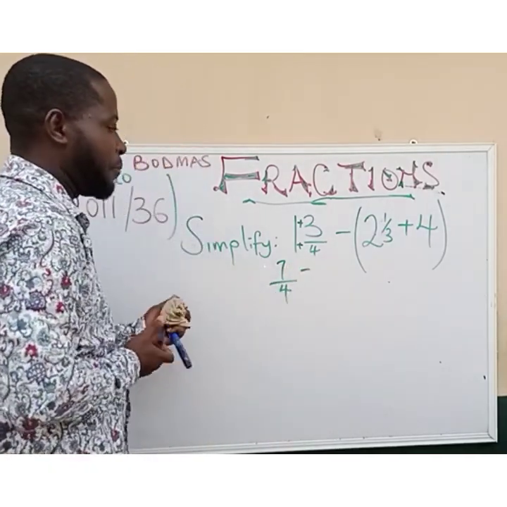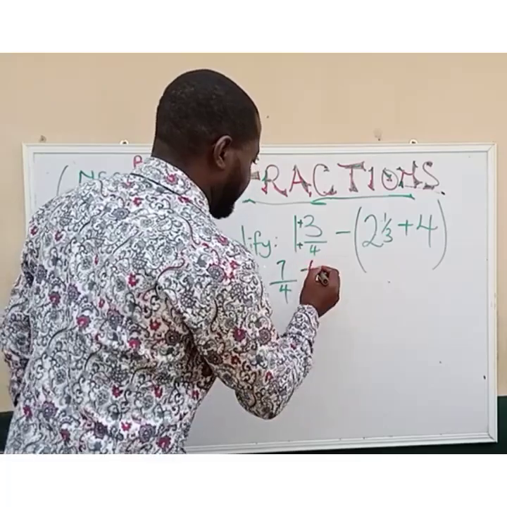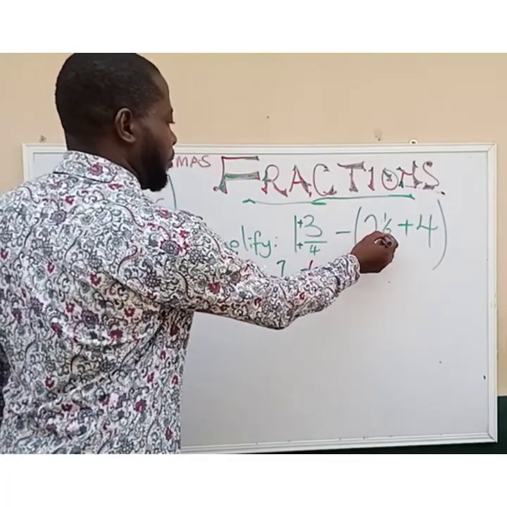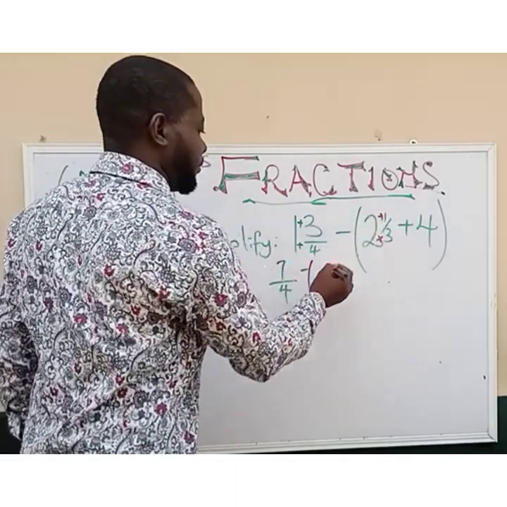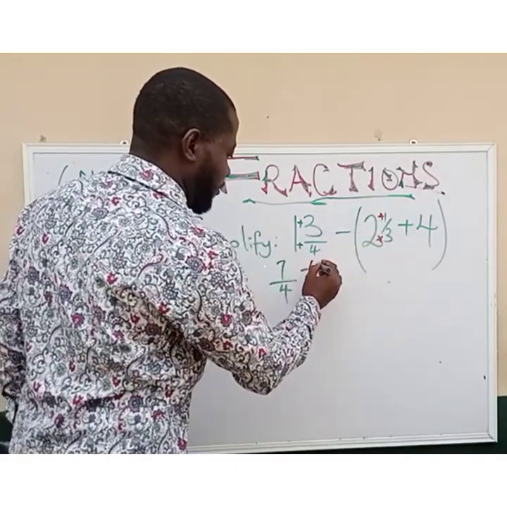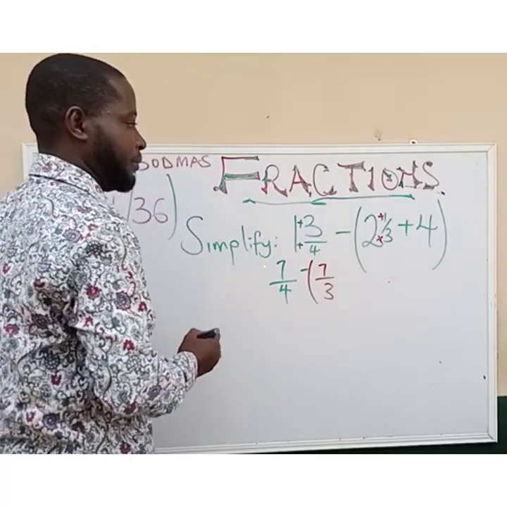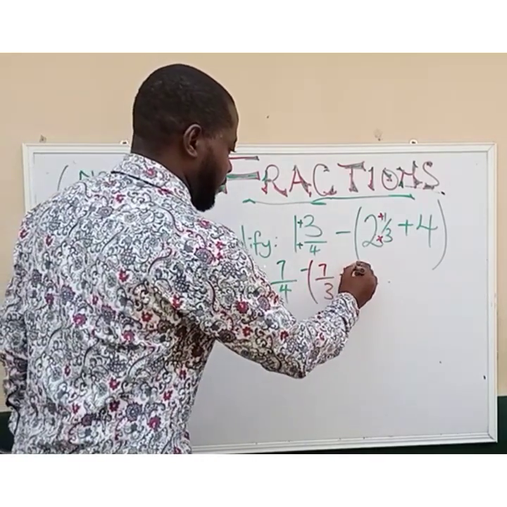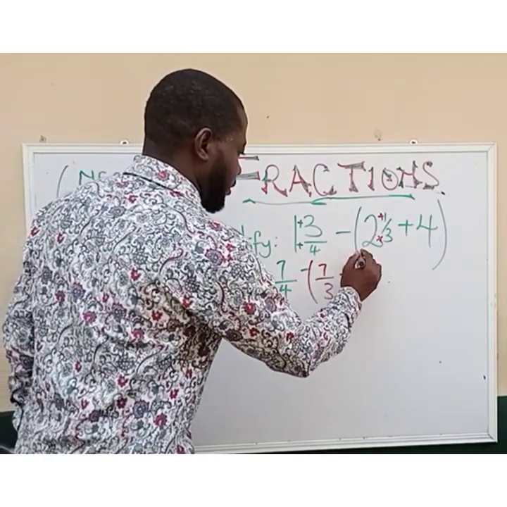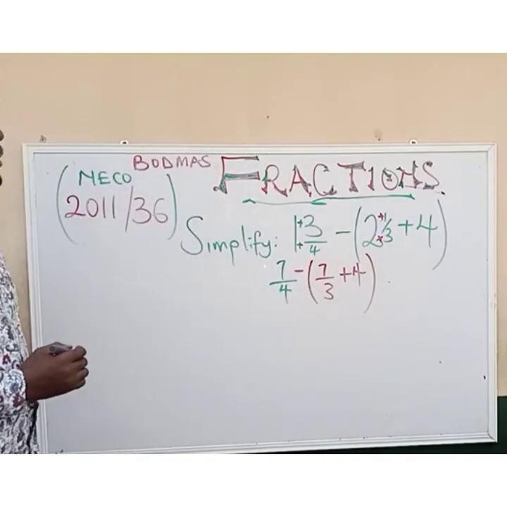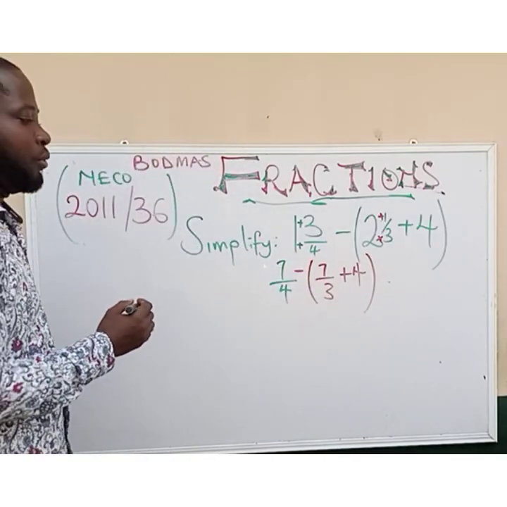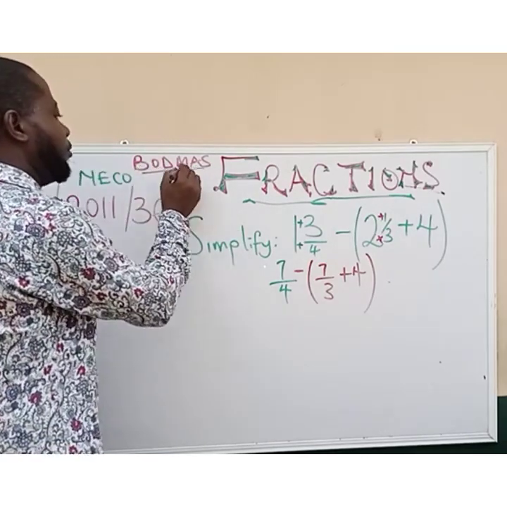Minus, open brackets, 3 multiplied by 2, 6 plus 1. We have 7 all over 3 plus 4. Now the next thing is to follow BODMAS.